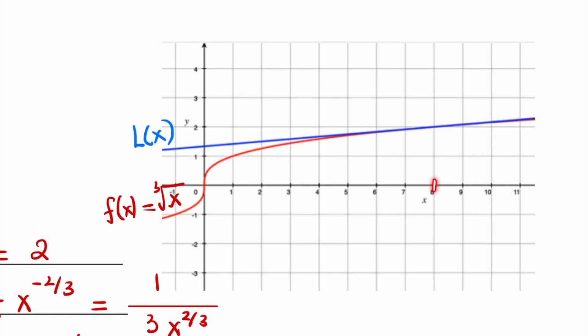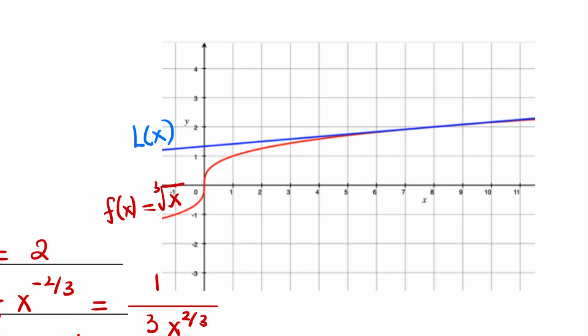At x equals 8, the line touches the curve. And near that point, the line and the curve are very close. So instead of using the curve, we use the line to estimate the value around 8.